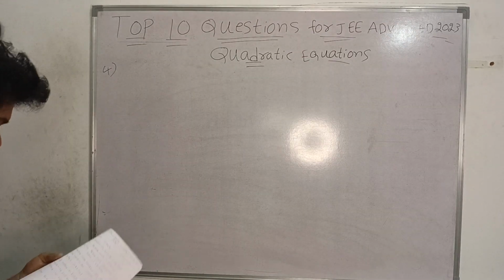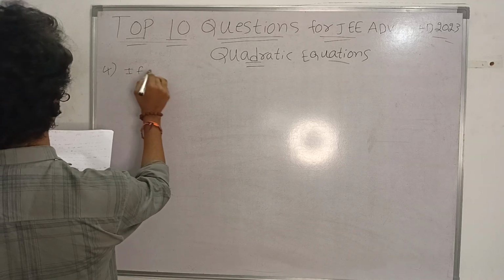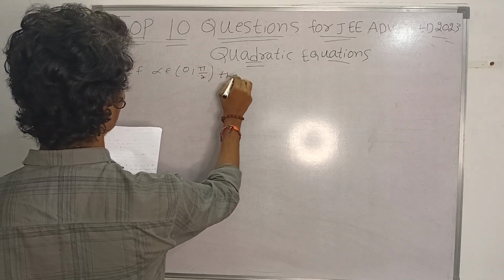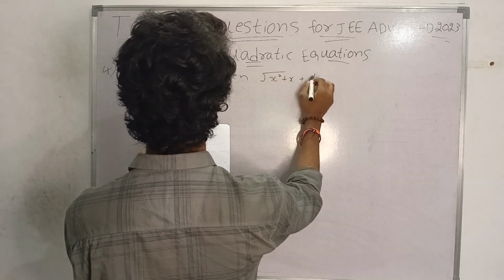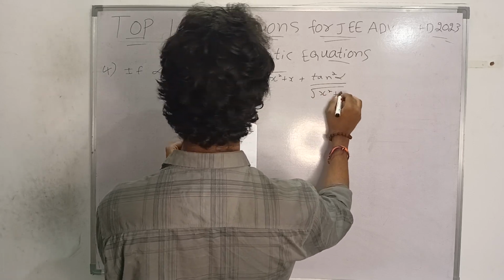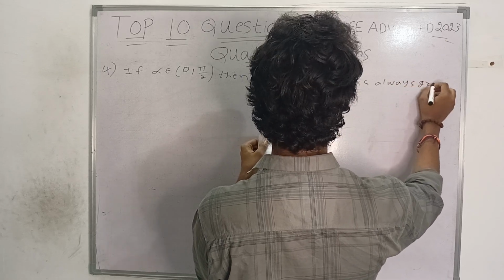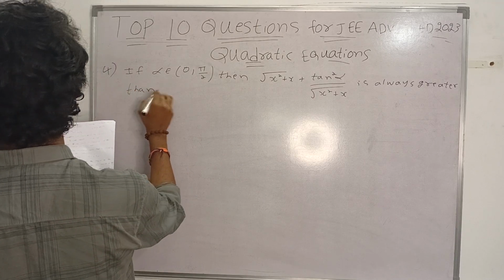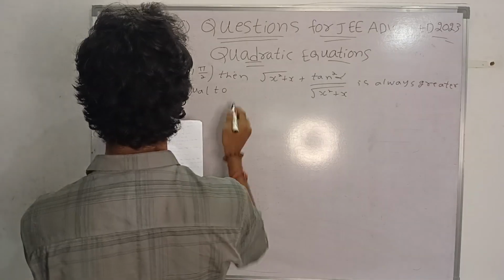Now, the fourth question. If alpha belongs to (0, pi by 2), then the root of x square plus x plus tan square alpha divided by root of x square plus x is always greater than or equal to what?